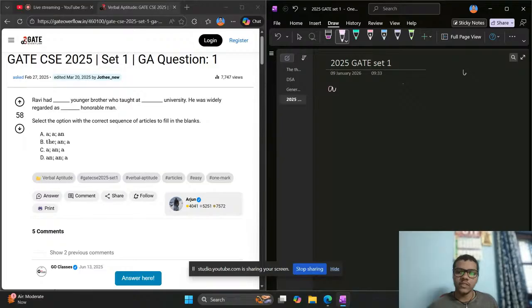So use a university. Even though it is a vowel, it makes a consonant sound. It's not like umbrella, right? Umbrella is also U, but if you know Telugu, it makes this sound, while this one makes that sound. So both are different, and at a University, he is widely regarded as an honorable man.